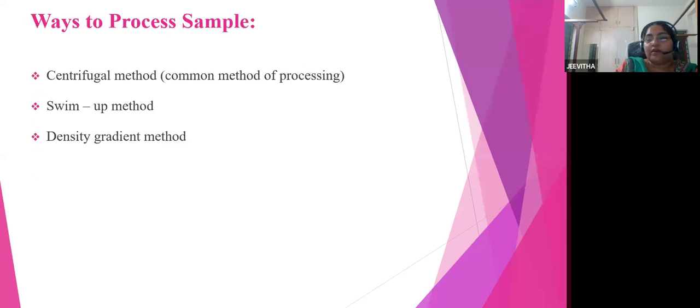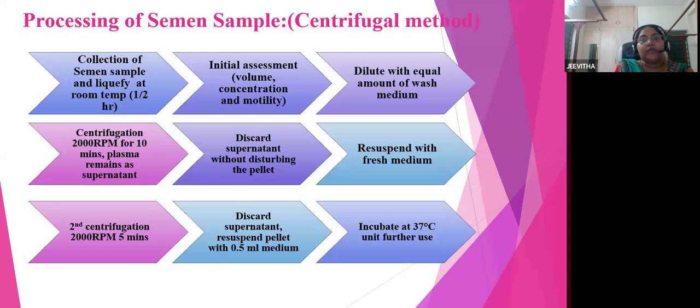IUI, okay, before that, the way you process a sample is through the centrifugal method, swim up method, or density gradient method. The centrifugal method is the most common processing method, where you process the sample by adding buffer, centrifuging it and taking the required cells. The processing of the semen sample: you collect the sample and liquefy it at room temperature for half an hour.